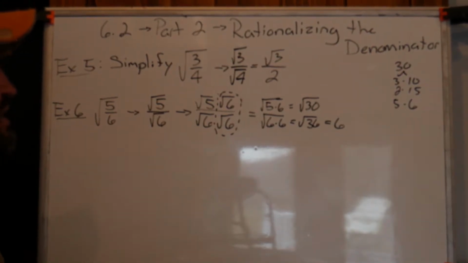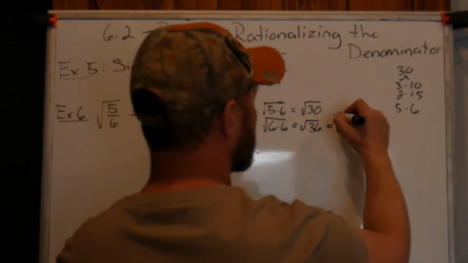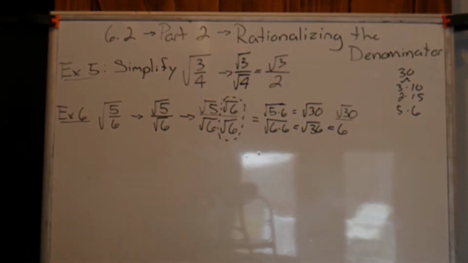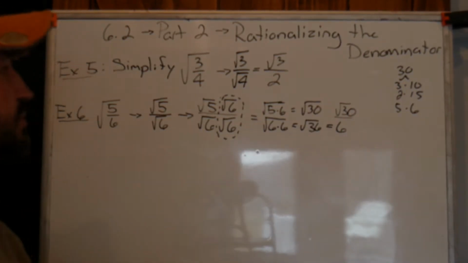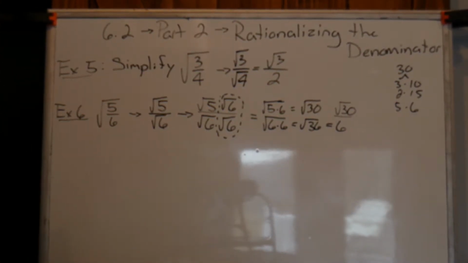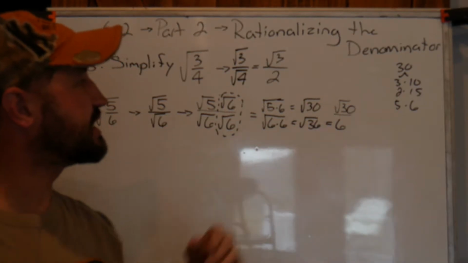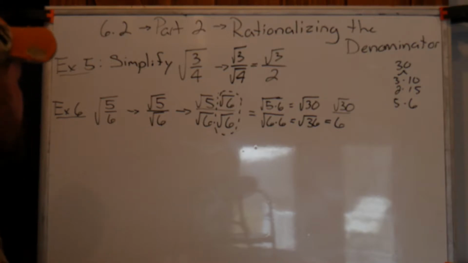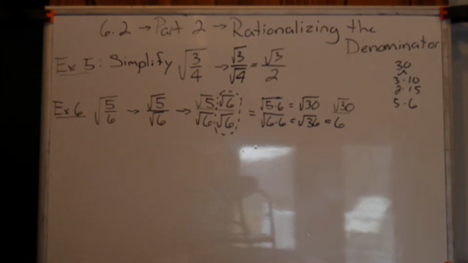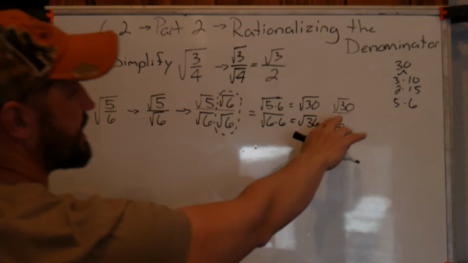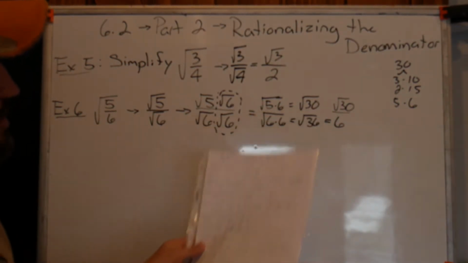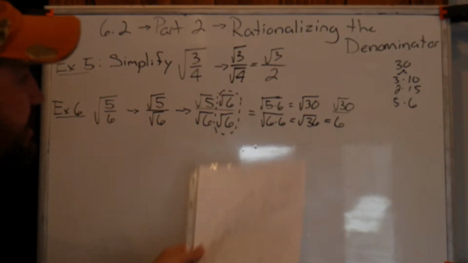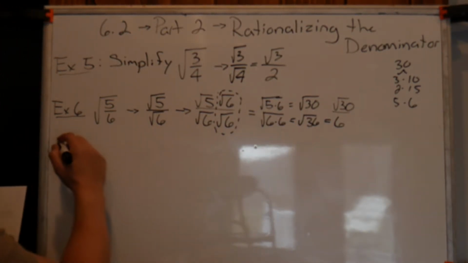Either way, I can't draw anything out. My factors are 2, 3, 5, 6, 10, 15. No matter how we break it down, we don't have a perfect square that we can draw out. So we leave it square root of 30 over 6. Had we been able to pull something out, if we had square root of 32, we'd have 16 times 2 and we'd draw out a 4. But we're going to leave it like that for the answer.